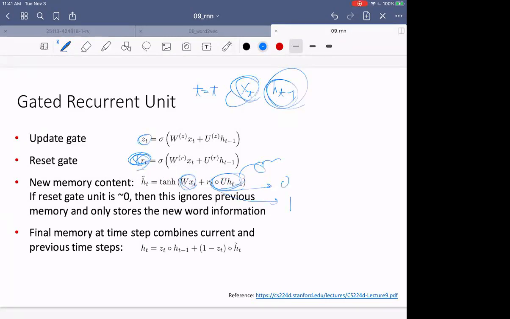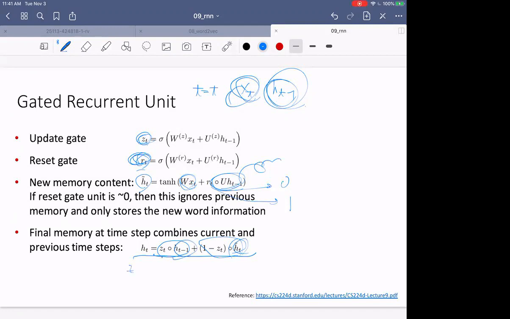Once you have H tilde and ZT, XT, HT minus 1, you can calculate HT. This is ZT Hadamard product, the dimension-wise multiplication, with HT minus 1, plus 1 minus ZT times H tilde. So it's a convex combination of HT minus 1 and H tilde.